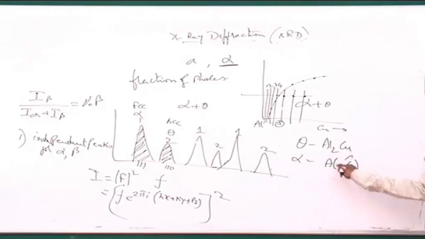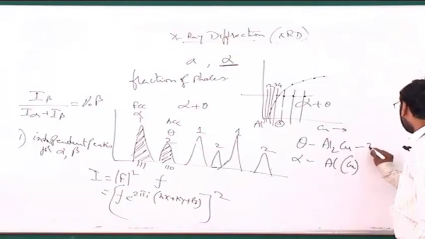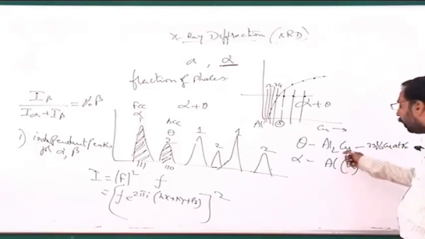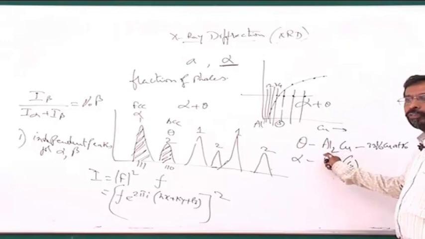It's a solid solution of copper in aluminum, whereas this is the Al2Cu phase. How much copper is there in this? If I look at it atomic percentage wise, it is 33% copper. If I look at it weight percent, what is the atomic weight of copper? 63.5. Atomic weight of aluminum is 27.